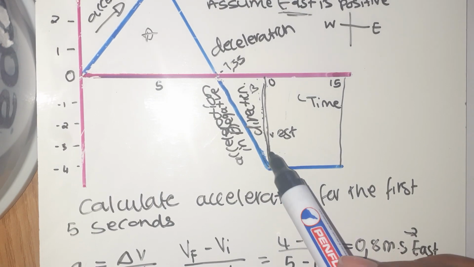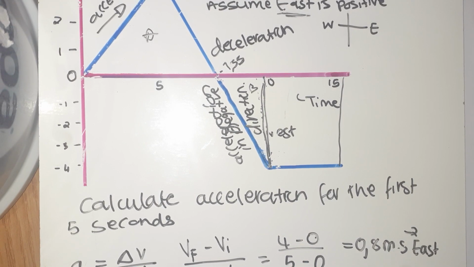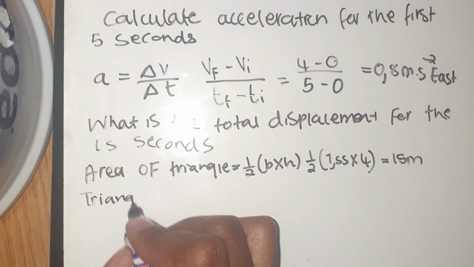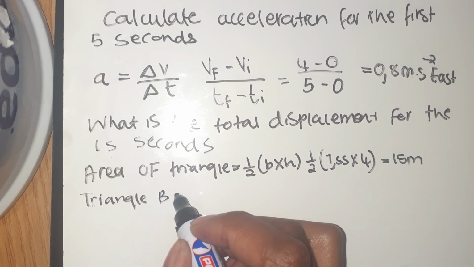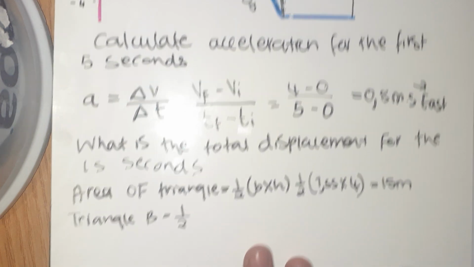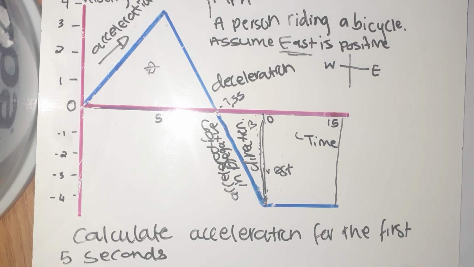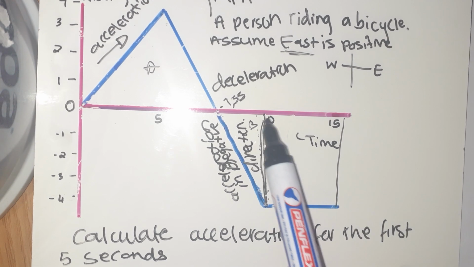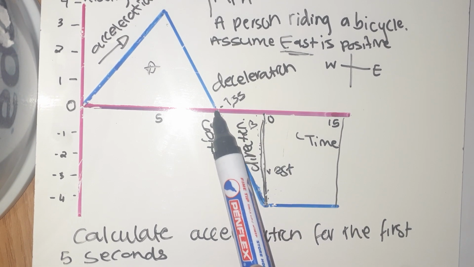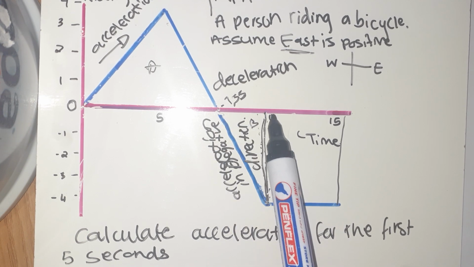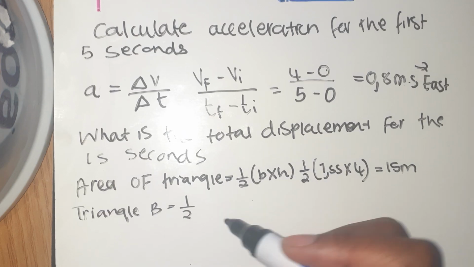And then we need to calculate the area for this triangle as well, which is B. And whenever you are asked to calculate displacement for a velocity time graph, this is what you do. You identify the squares, the triangles, the rectangles that you can get in there. So with this one, from 7.5 to 10, we have 2.5.